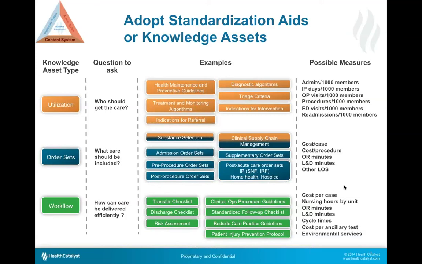As we get into order sets and workflow, we're thinking more cost per case and the number of minutes that a particular task takes or a particular location spends with the patient. So these three types of knowledge assets are really important to understand, and not just understand how to design them, but how to use them effectively throughout the continuum of care.